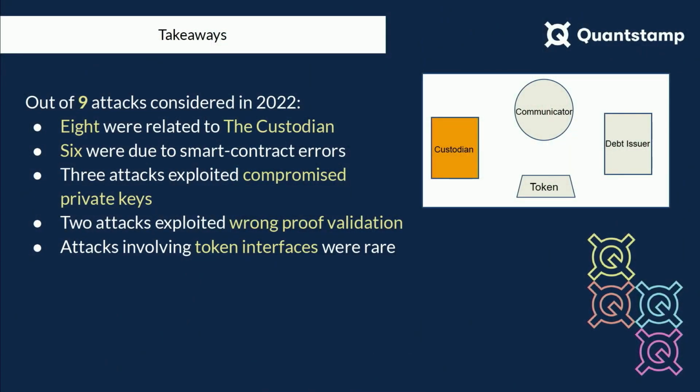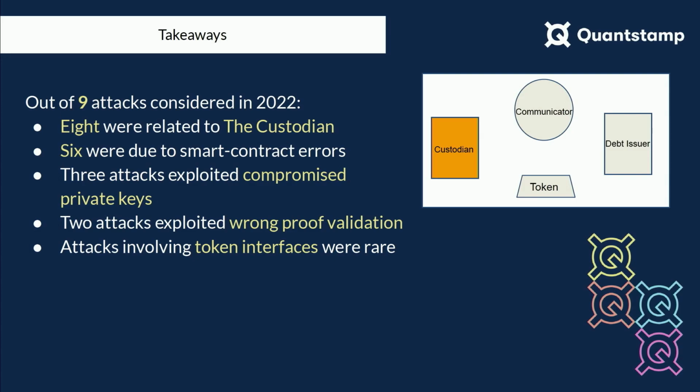So what can we learn from this? Out of 9 attacks that we considered and managed to find information about in 2022, 8 of the attacks were related to the custodian, which is not surprising because custodians are essentially honeypots where all the original assets are locked in.